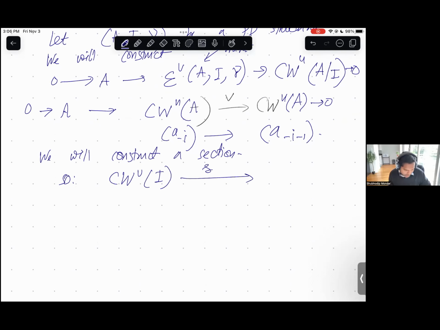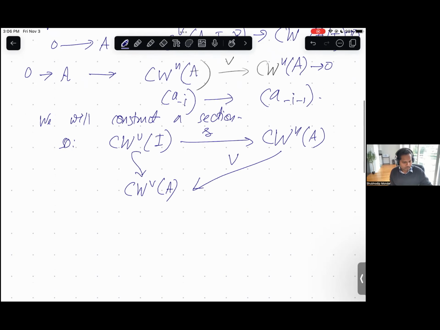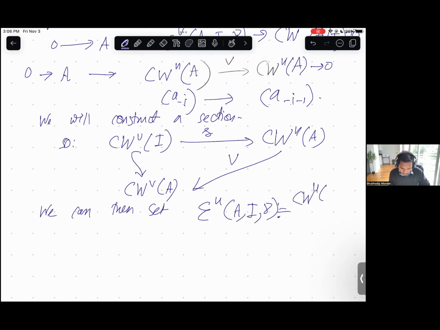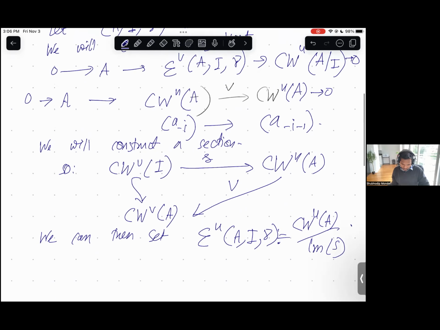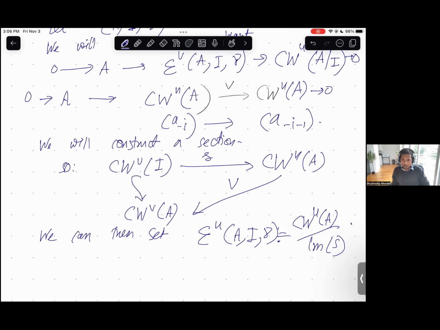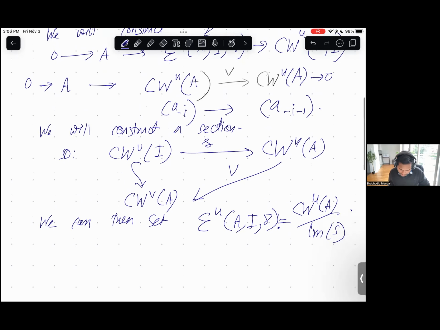This will be the section S that we construct, and it will be a section to the map V. Once we have such a section, we can set, so the goal for us really is to construct a section here.